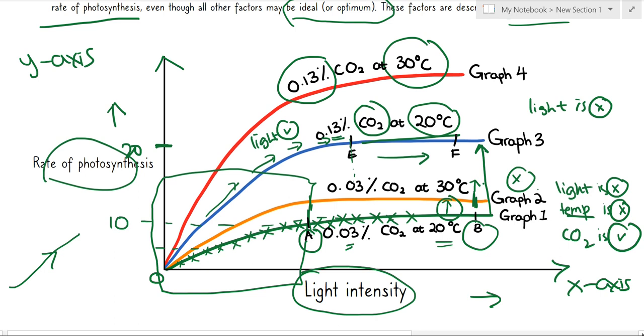But when we increase the temperature, if we give this plant more carbon dioxide, it seems like temperature increased the rate of photosynthesis. So at the point between E and F, the limiting factor is actually temperature, and the limiting factor is not carbon dioxide.